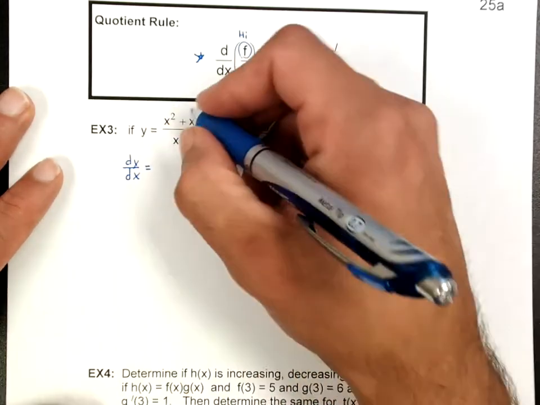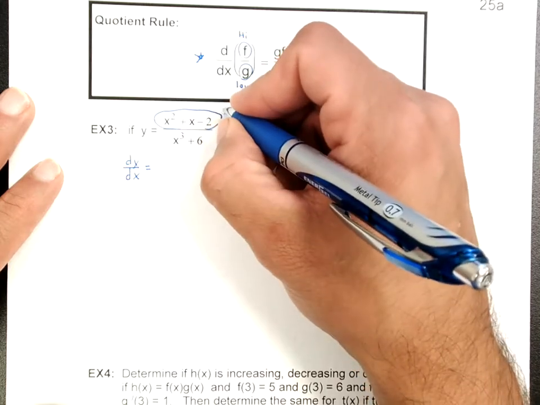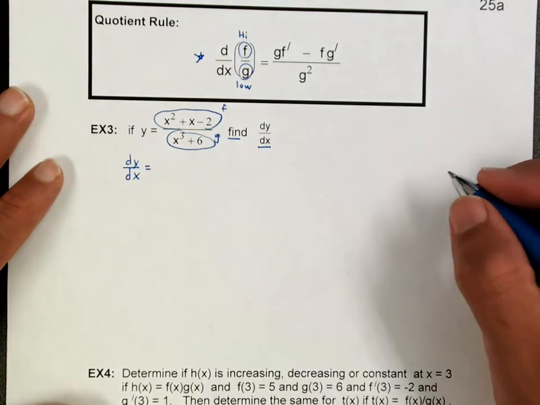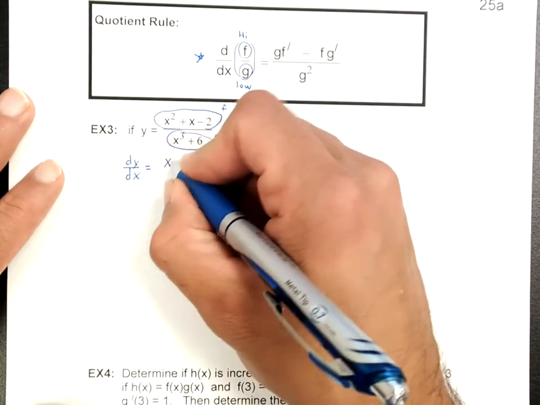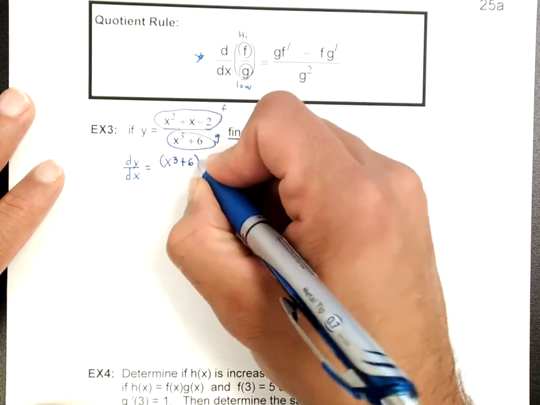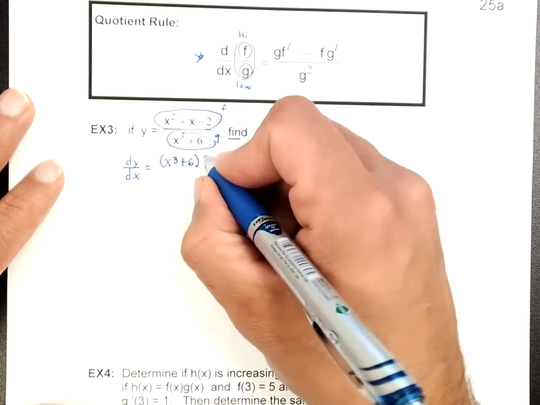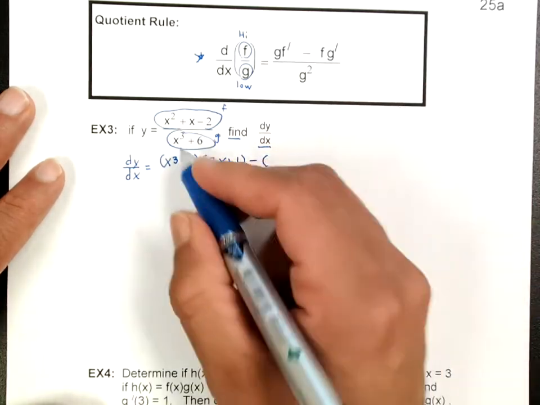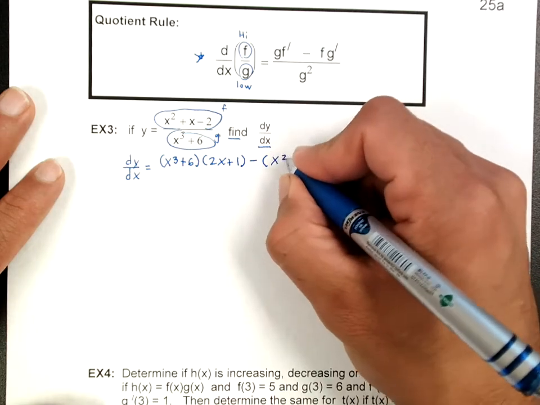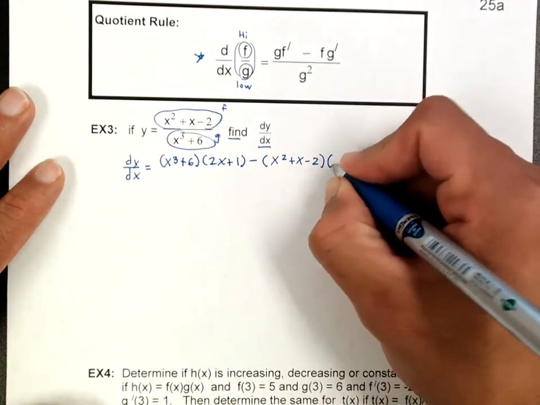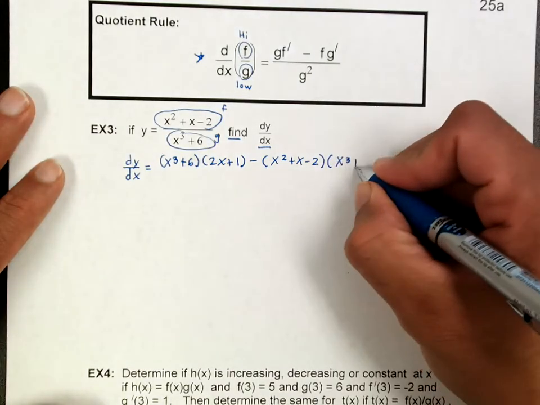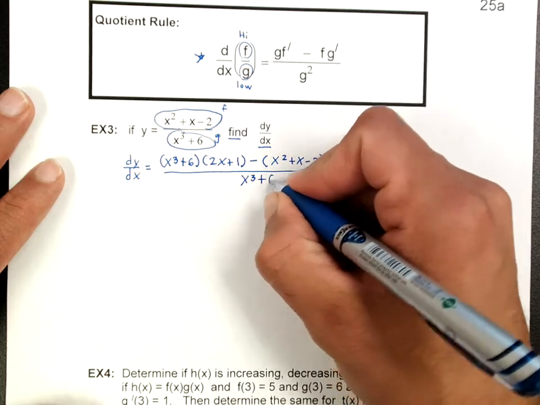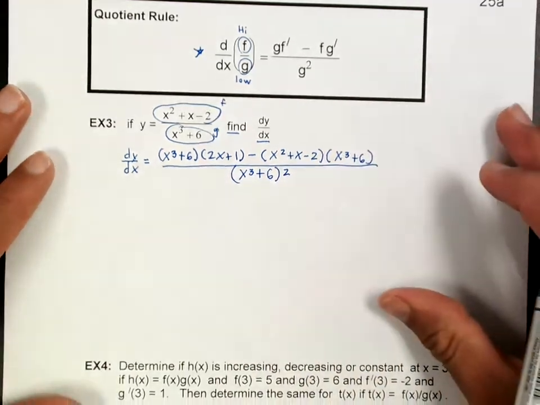If this is f and this would be g, we have low d high, which is the derivative of this, which would be 2x plus 1, minus the high, which is this part, d low, which is this part, over the bottom squared, like that.